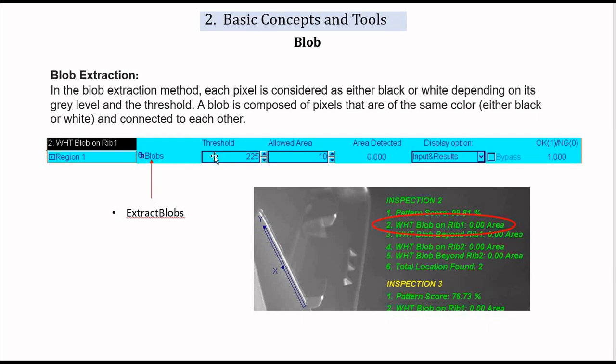And we use threshold control here, and we can set up an allowed area, to compare the found blob area with the allowed area, and then we can make a decision whether to pass or fail the parts depending on the size of the area being detected compared to the allowed area size.